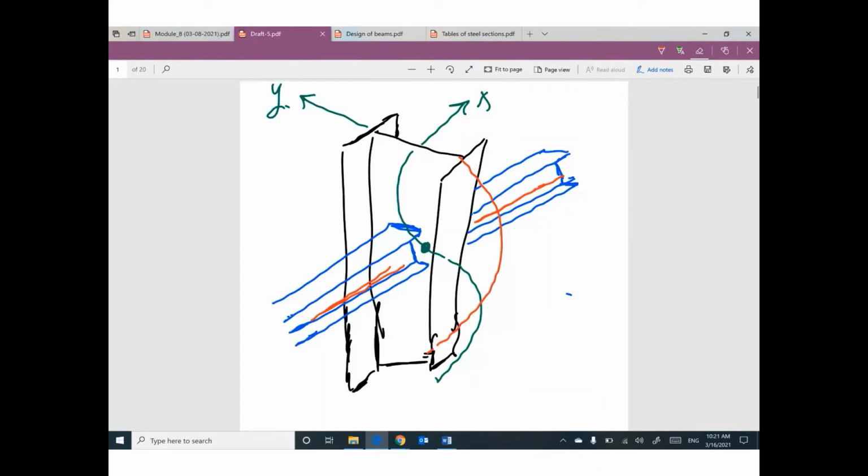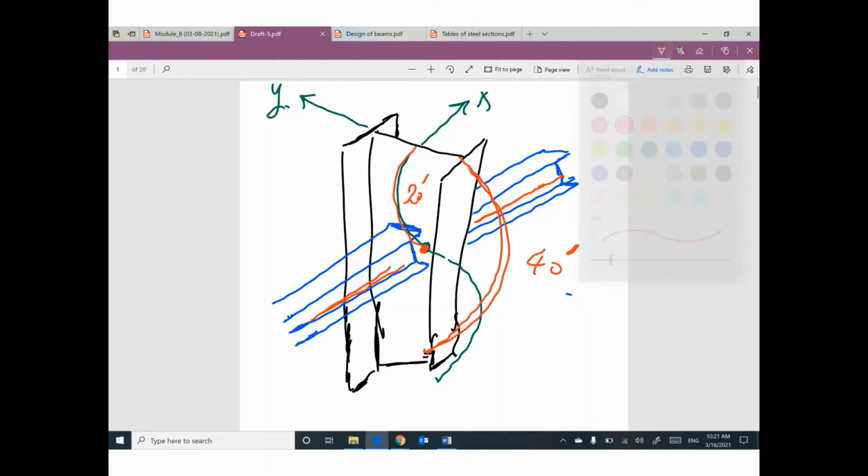Because sometimes we have this situation. Your column is braced at the midpoint in one direction and not braced in the other direction. So sometimes this direction will be 20 feet only, but this direction is still 40 feet.